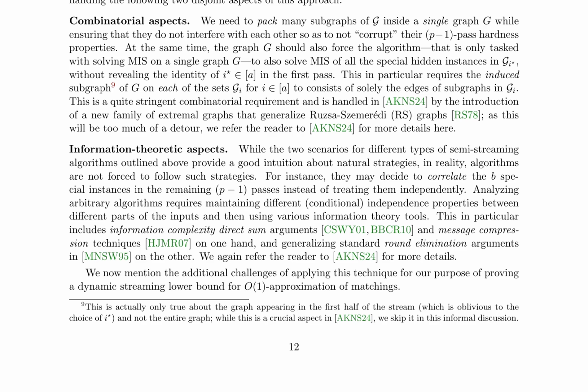They also discuss the challenges of formalizing this idea, including combinatorial and information theoretic aspects, and refer to AKNS24 for more details. The authors mention the additional challenges of applying this technique to prove a dynamic streaming lower bound for O(1) approximation of matchings.